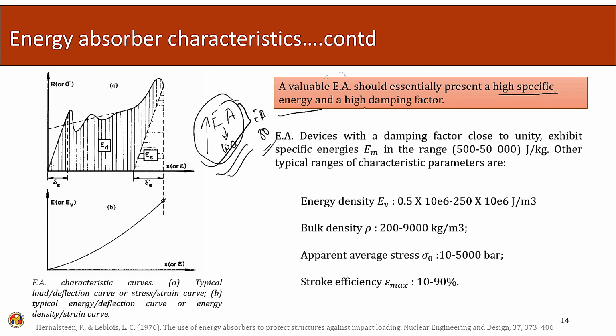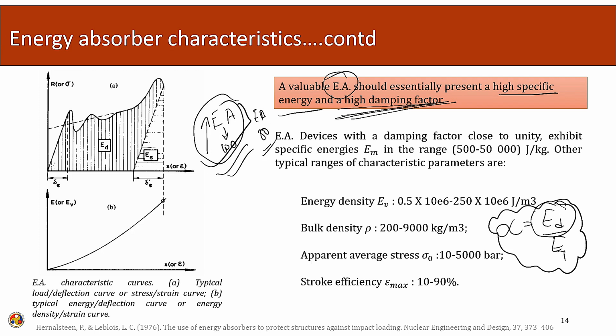The other factor that is being used is the damping factor. We defined the damping factor as the energy dissipated divided by the total energy, E total. The more energy is dissipated, the better the energy absorption system is.